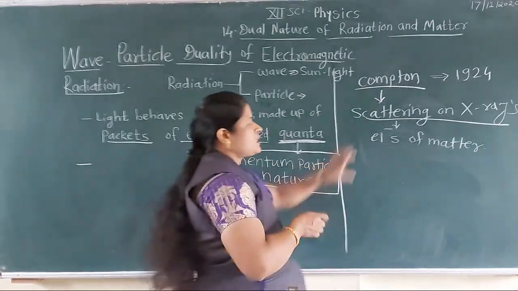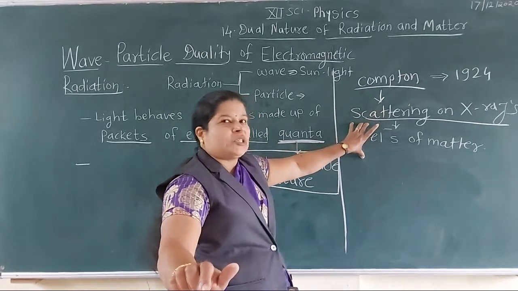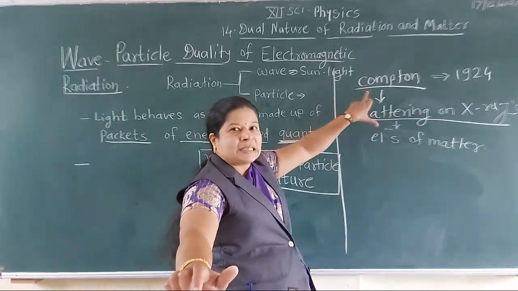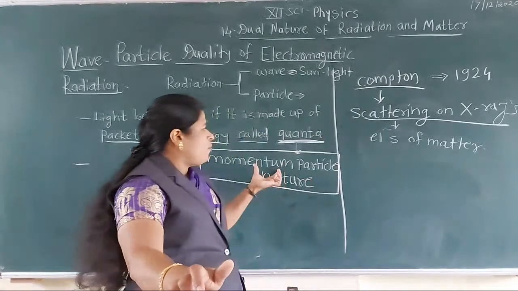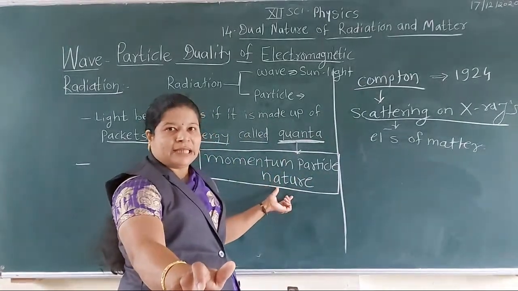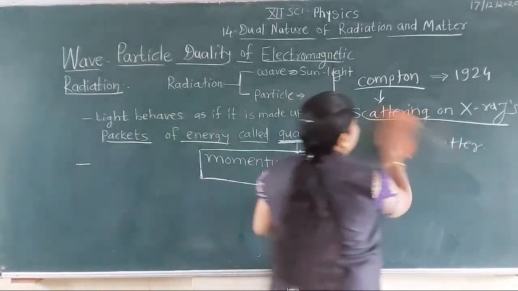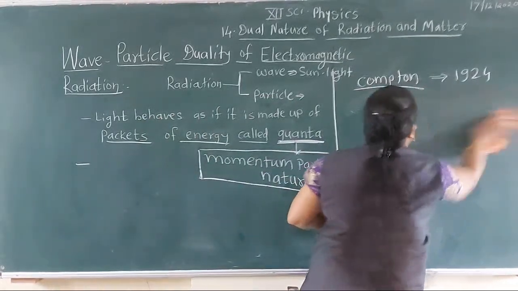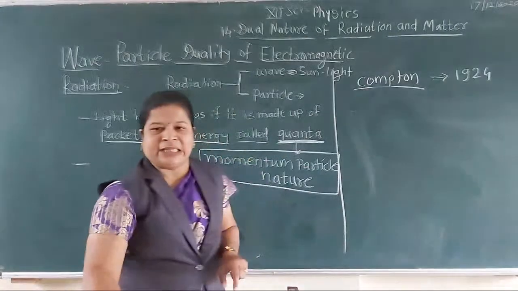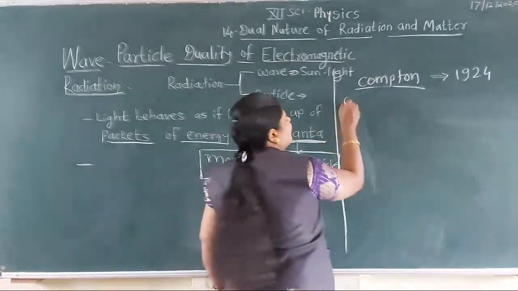So what was the observation made by the scientist Compton on the momentum particle nature? So the next point is observations made by Compton on the particle nature.